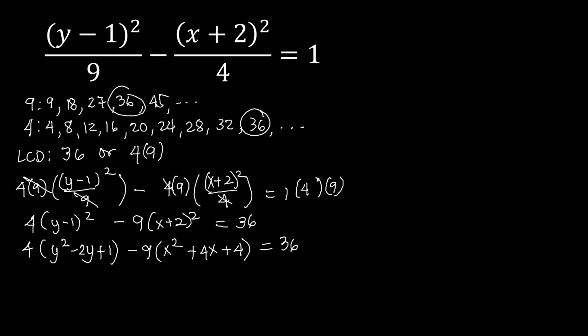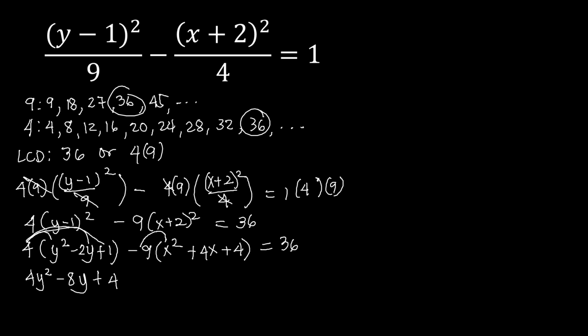Now once you're done expanding, you are now going to distribute those numbers outside. So we have 4 times y squared, that is 4y squared. 4 times negative 2y, that will be negative 8y. And then 4 times 1, that will be 4. So for this one, since this is negative 9 outside, we will be distributing negative 9 to the terms inside.